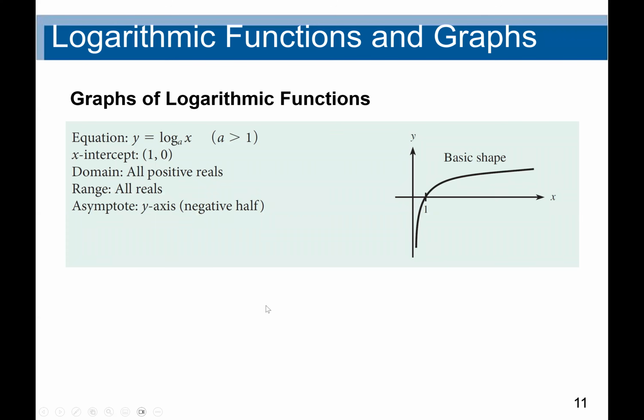So for the graph of a log function, y equal to log base a of x, when a is greater than 1, the intercept will be (1, 0). The domain will be all the positive real values, and the range will be all reals. The asymptote will be the y-axis, the negative half.